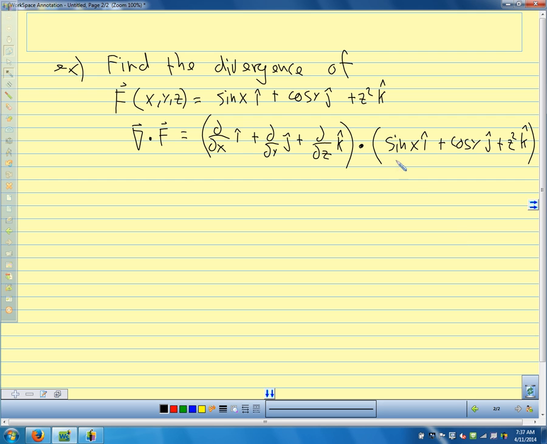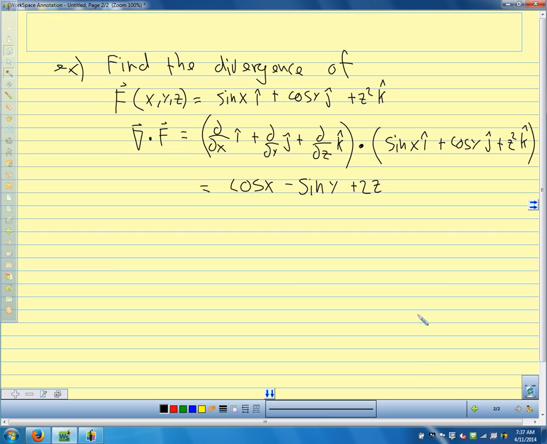So we're going to take the partial with respect to x of the x component, and we get cosine x. Take the partial with respect to y of the y component, we get minus sine y, and the partial with respect to z of the z component, plus 2z. And that would be our divergence.